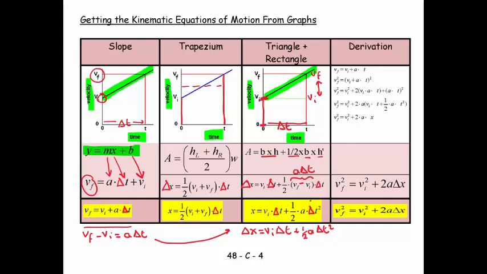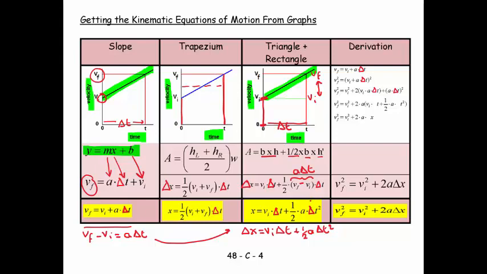In this last column, I do a derivation. I say, well, mathematically Vf equals Vi plus A delta t, and Vf squared is equal to Vi plus A delta t squared. Vf squared equals Vi squared plus 2 Vi A delta t plus A delta t squared, just multiplying out.